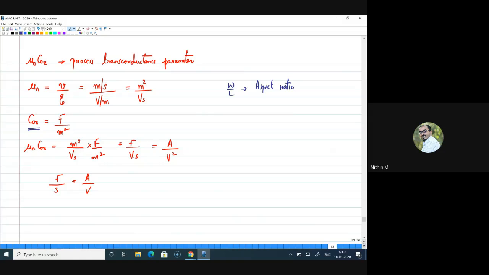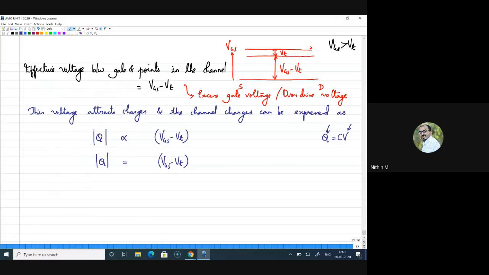That means this oxide capacitance is nothing but a unit area capacitance. I forgot to mention that day. Now if I want to write the total charges, I should know what is the total capacitance. So unit area capacitance is Cox, which is farad per meter square, standard units, or micrometer square in this case.